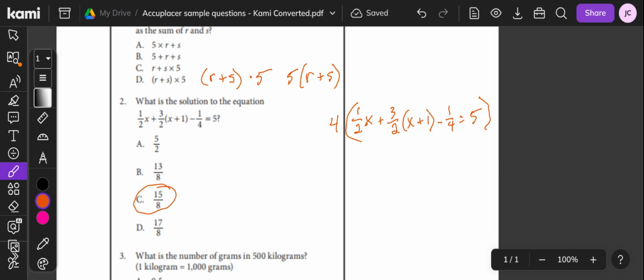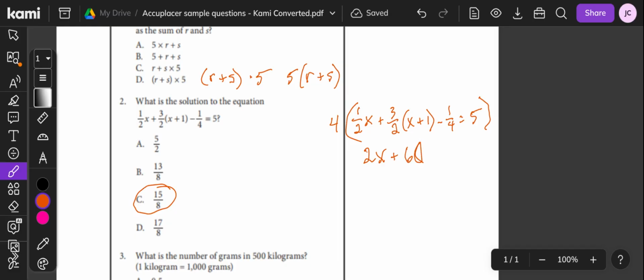Okay? And what happens then? If I multiply 4 times 1/2, I get 2, so 2x. I multiply 4 times 3/2: 4 times 3 is 12, divided by 2 is 6. And I have x plus 1.